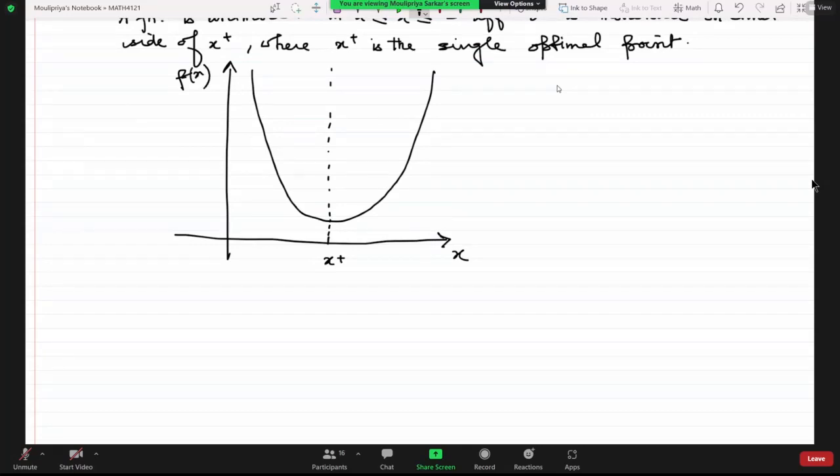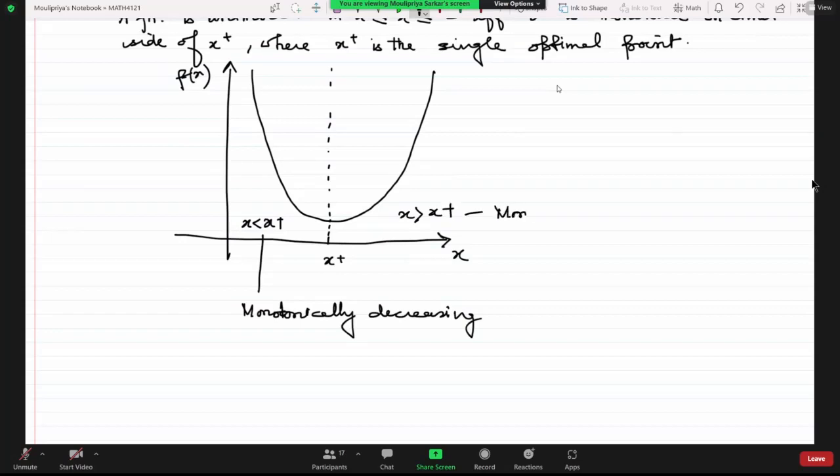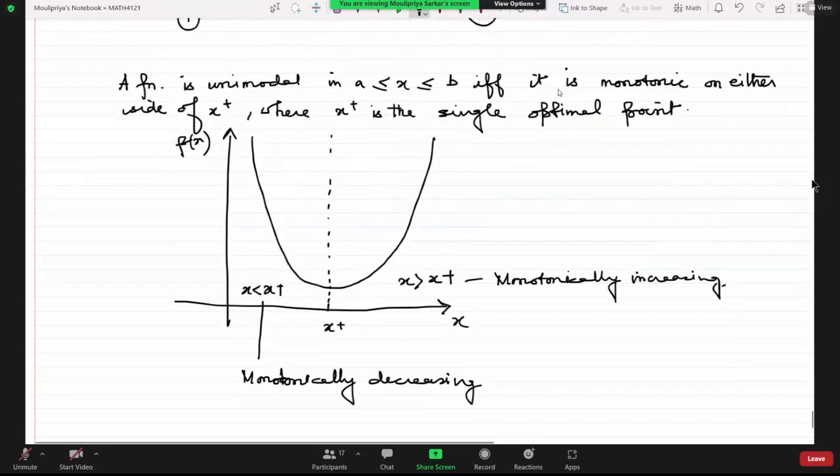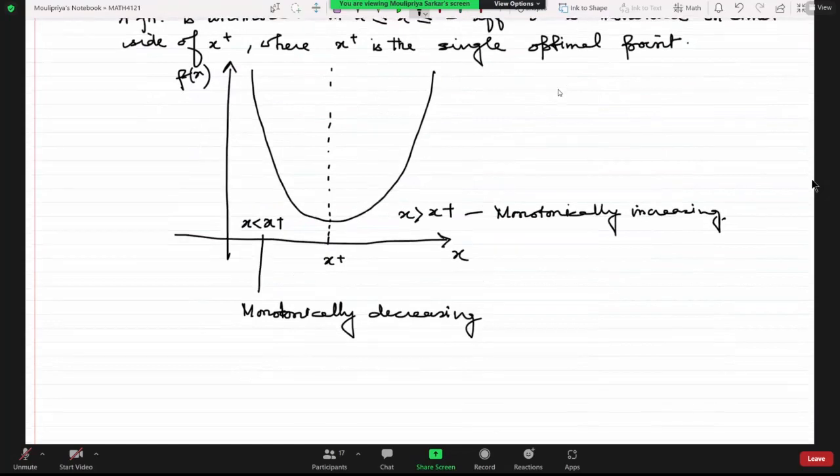What we find is whenever x is less than x plus, the function is monotonically decreasing, and whenever x is greater than x plus, the function is monotonically increasing. That implies the function is increasing on one side and decreasing on the other.